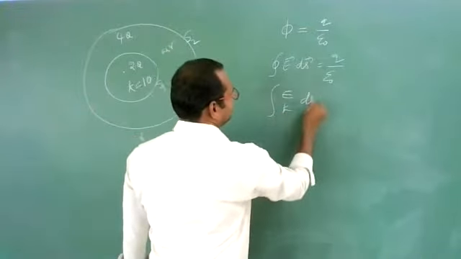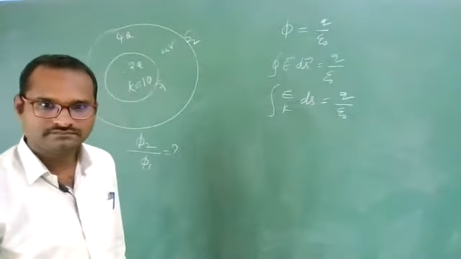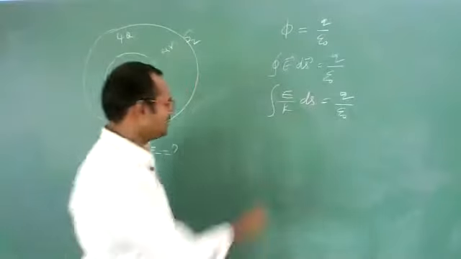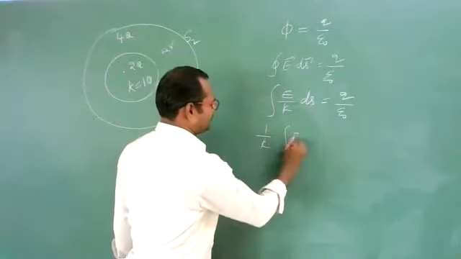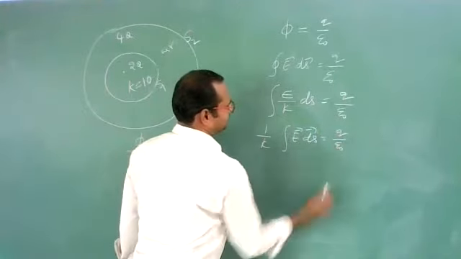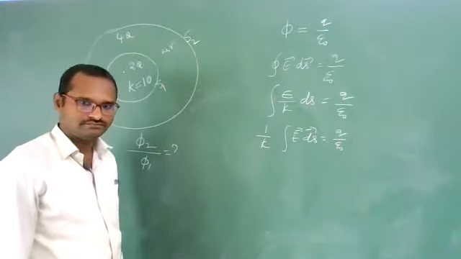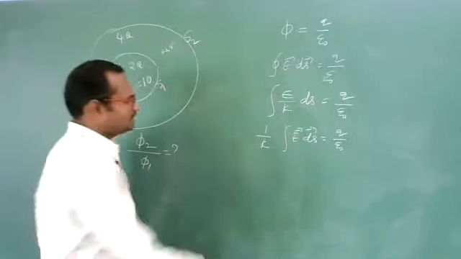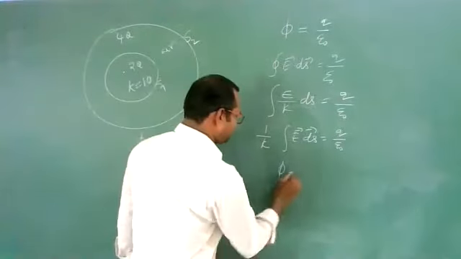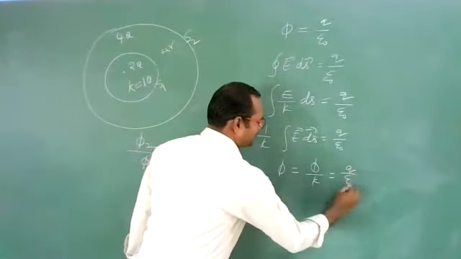E by K into ds is equal to q by epsilon naught. That means 1 by k times the integration of E bar dot ds bar is equal to q by epsilon naught. This is nothing but flux. So the flux will become total flux by k, that is q by epsilon naught into k.